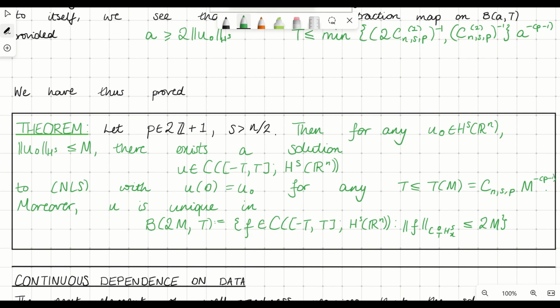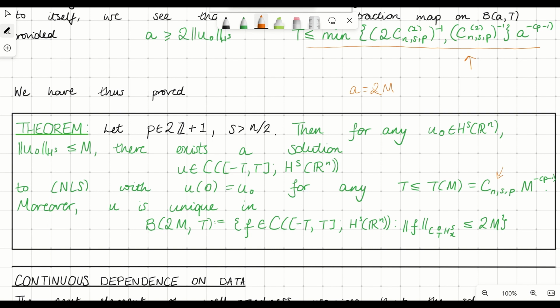So this just follows directly from what we just showed by taking a equal to 2m, which clearly is greater than 2 times the norm of u0, and tm is this that we found above. So here CNSP is just the minimum of those two constants multiplied by maybe 2 to the minus p minus 1.